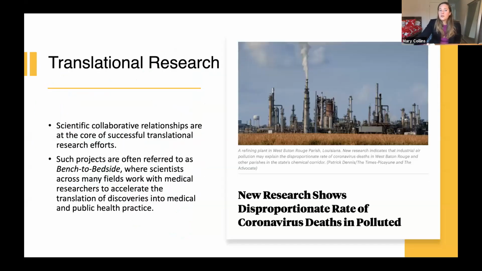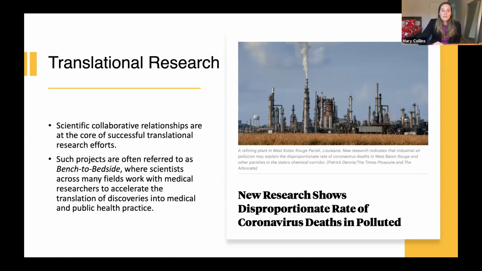I want to talk just a little bit more about translational research before I get into the wastewater example that I foreshadowed earlier. So translational research is inherently collaborative, and it is an important hallmark of what we do at the center.